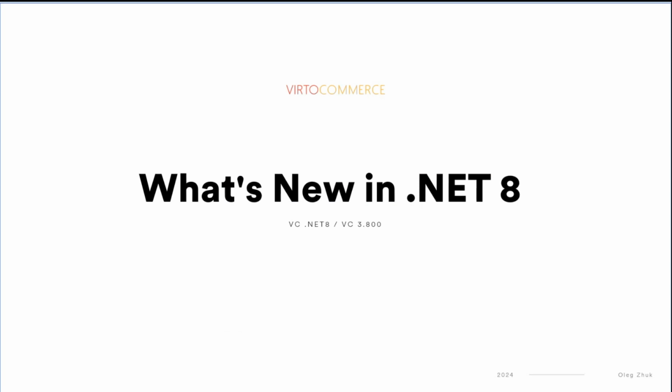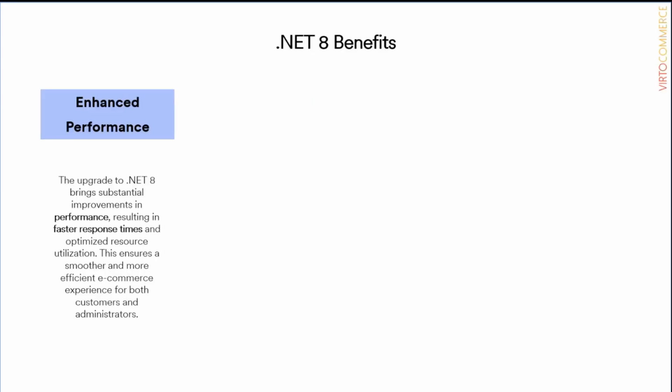Before going deep into Virto Commerce, indeed, Microsoft did a lot of work, bringing two years of development and different ideas and improvements in .NET 8. First, what was announced and what we get with this update is related to performance. Microsoft also tried to minimize breaking changes and refactoring of the platform. They focused on tuning performance of JSON, optimization of JSON files, network activities, database, as well as compiling.